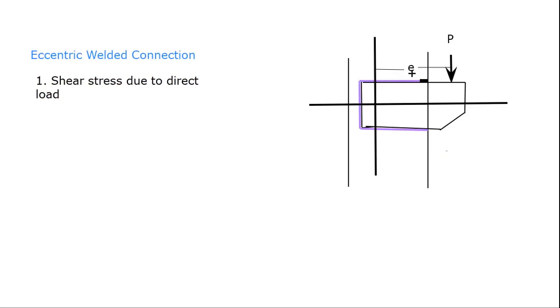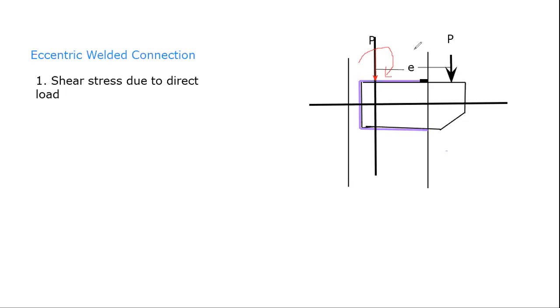This equivalent loading arrangement can be represented as a load that is acting through the CG, and since there is an eccentricity at which the load is acting, we can assume a bending moment which is acting about the location of this CG.